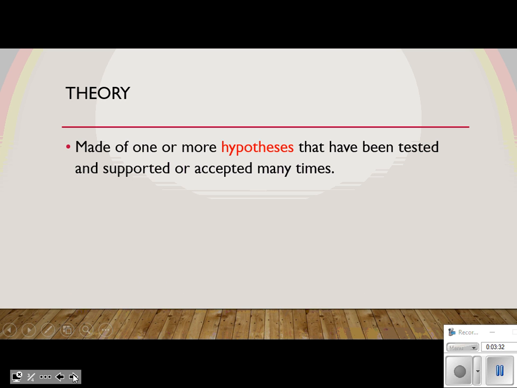A theory is made of one or more hypotheses that have been tested and supported or accepted many times. So we've done many tests of a certain hypothesis, and every time it has been supported that, yes, that hypothesis was correct.